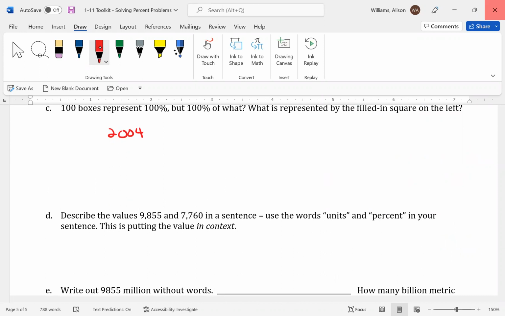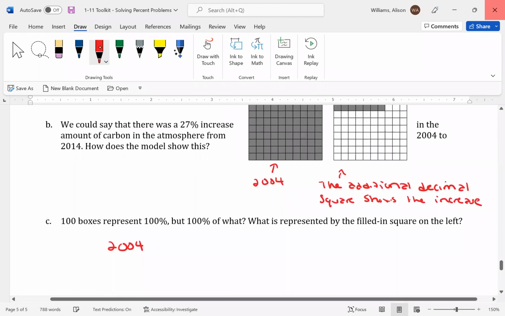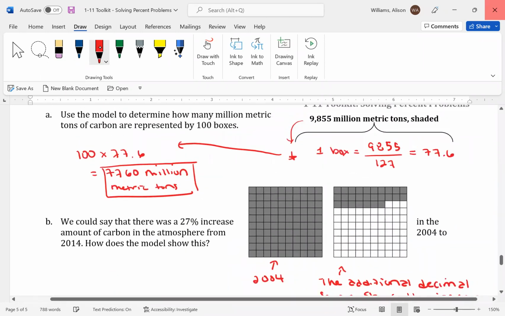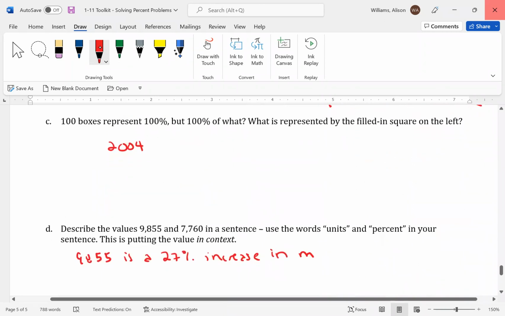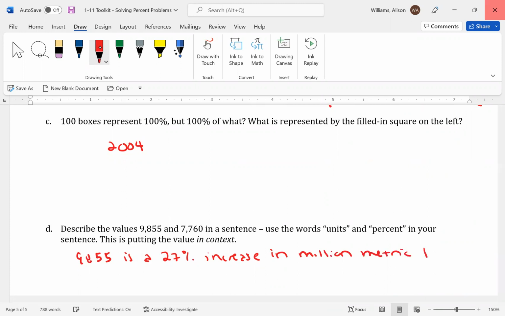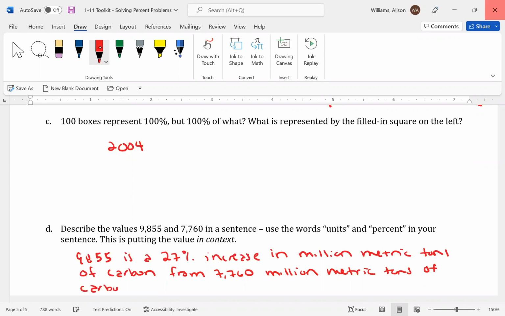So we would say that 9,855 is a 27% increase, in million metric tons of carbon, from 7,760 million metric tons of carbon in 2004.